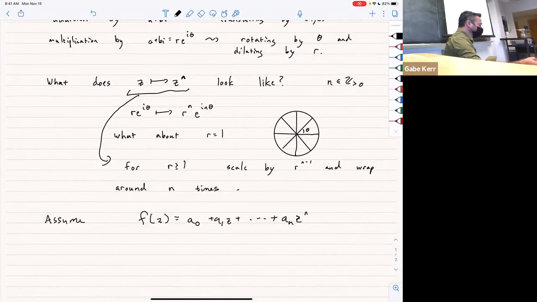Let's assume that f is monic. There's nothing wrong with f being monic, because for the fundamental theorem of algebra we're just looking for a root. So if we divided it by a sub n, we'd still have a root.